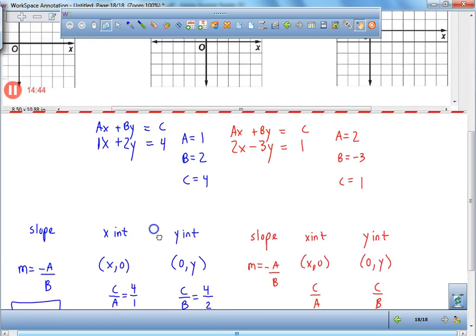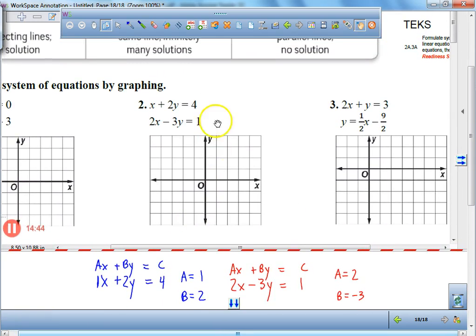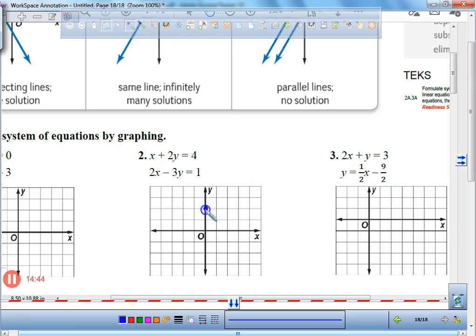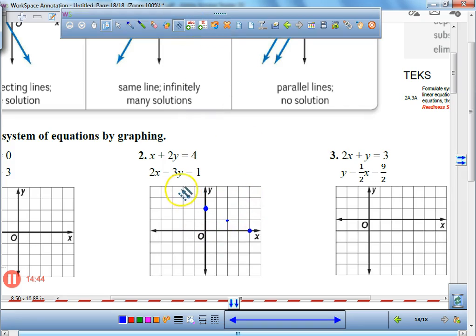What did I say my y-intercept was at? A 0 and a 2. What was my x-intercept at? 4 and 0. What did I say my slope was? Down 1 over 2. Now, I'm going to go up 1 over 2. Go ahead and draw that on your graph. Draw it down nice and neat.